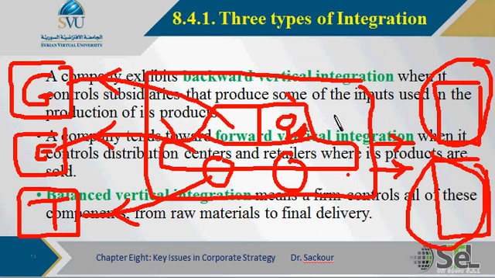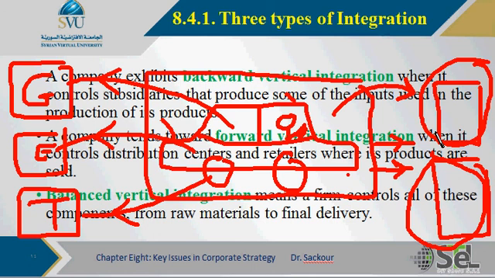This is forward integration. We go many steps ahead toward our customers, and we buy car exhibitions and some wholesalers or retailers, and we become in contact with the final consumer. Get it, guys?